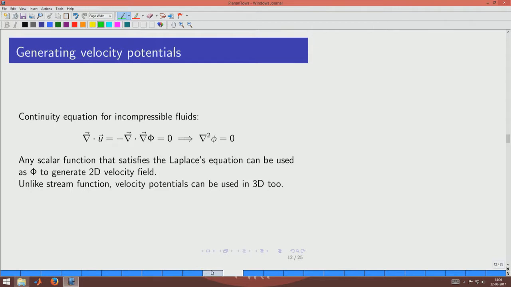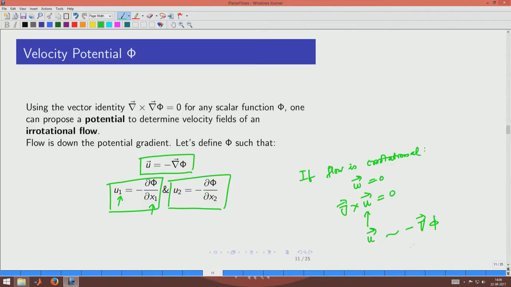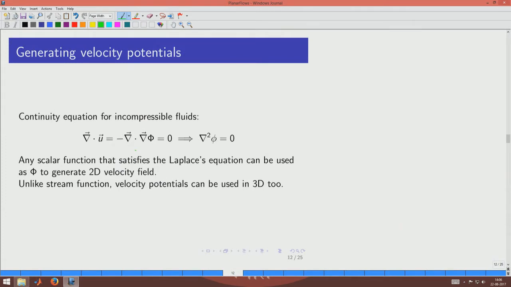Now, the way we go about creating these potentials is as follows. If we have created a function phi like this, we already know that it satisfies the continuity equation. We see that this must be true, which means that any function phi which satisfies Laplace's equation is valid for us. So, we look for functions phi such that this is valid.